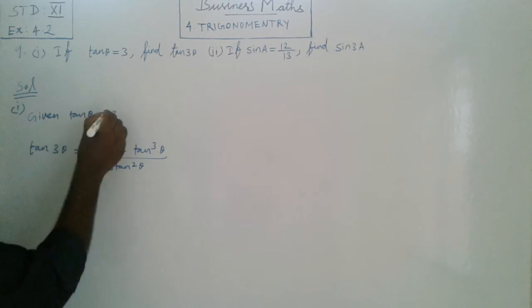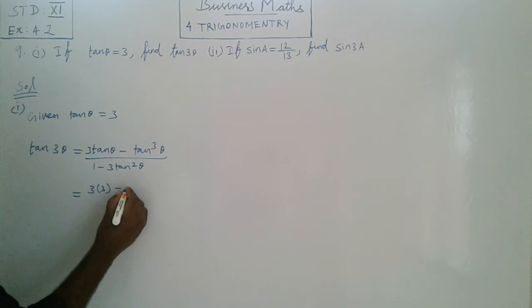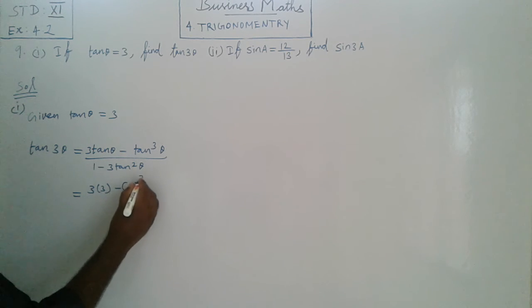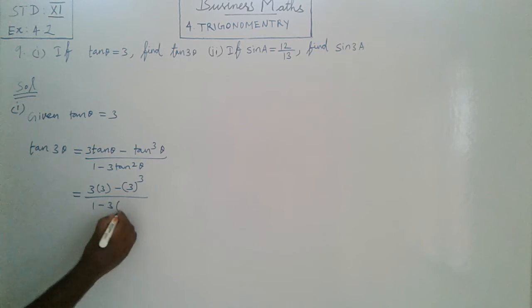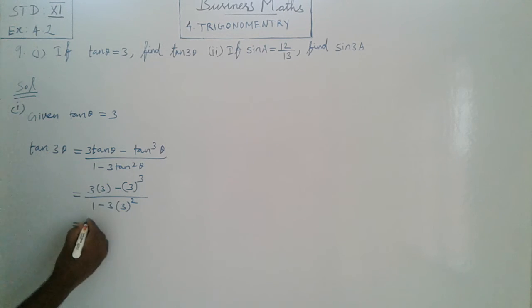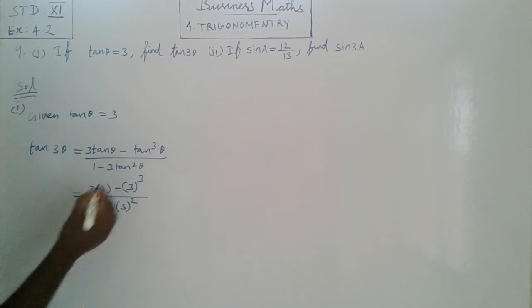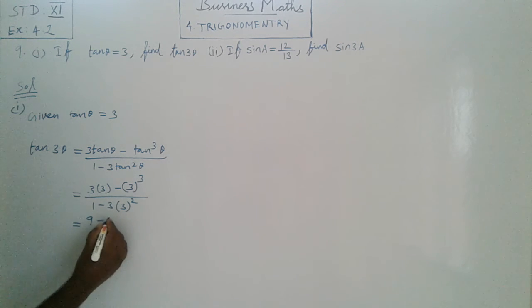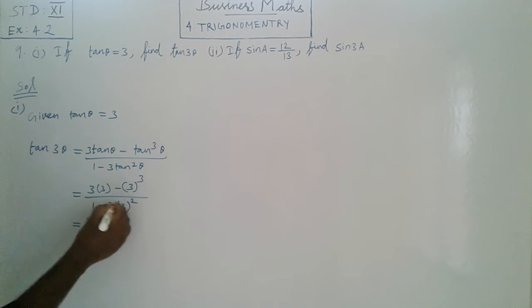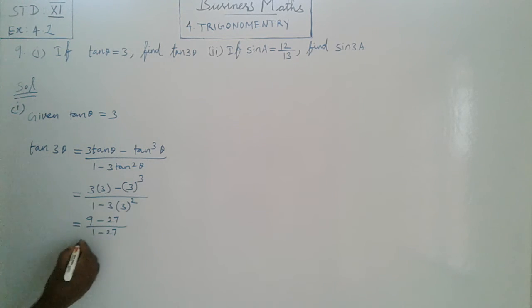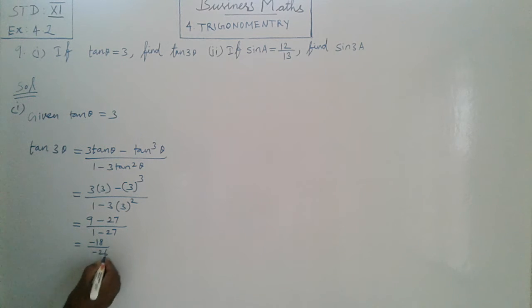3 into tan theta, whose value is 3, minus tan cube theta, which is 3 cube, divided by 1 minus 3 into tan square theta. Tan theta is 3, so 3 square is 9, minus 3 cube: 3 3s are 9, 9 3s are 27, divided by 1 minus 3 times 9, which is 27. So 9 minus 27 is minus 18, divided by minus 26.